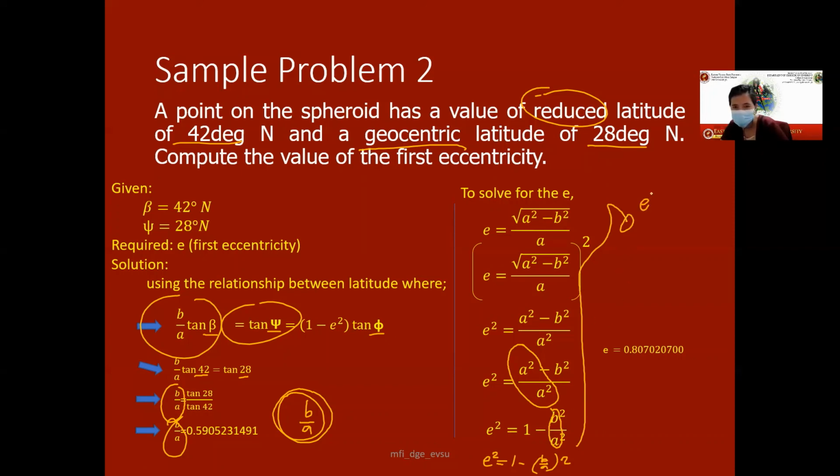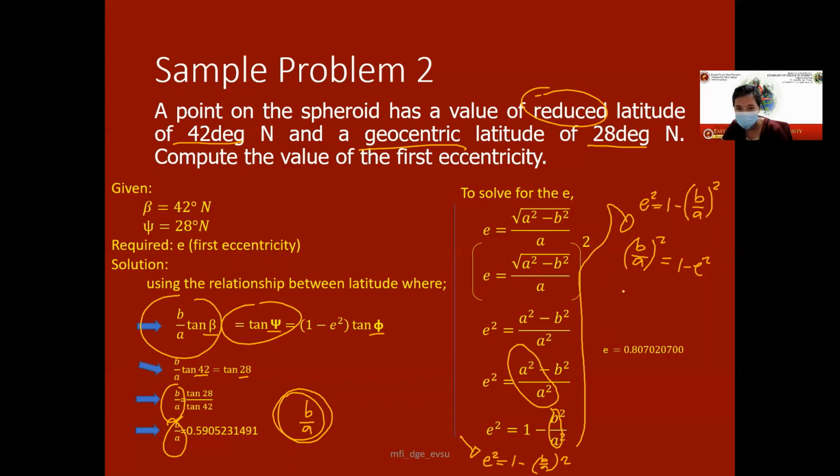We already have b over a squared, and this is equivalent to b over a squared equals 1 minus e squared. So we can compute the value of e. Just substitute the value of b over a, and take the square root.